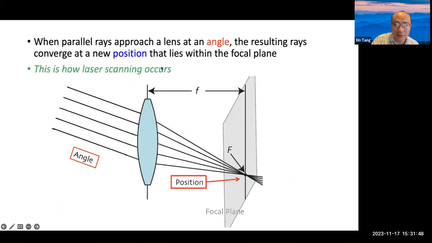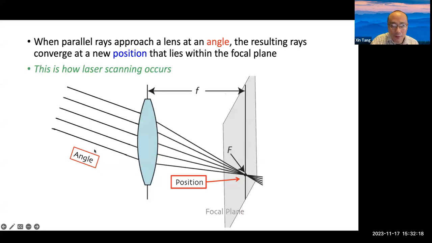Then that's very useful in the laser scanning microscope. If you have an object on the sample plane, you want to expose that point only with the light rather than other points. Then the way to do it is you can arrange the angle of the incoming light so that they will converge and focus on that point.